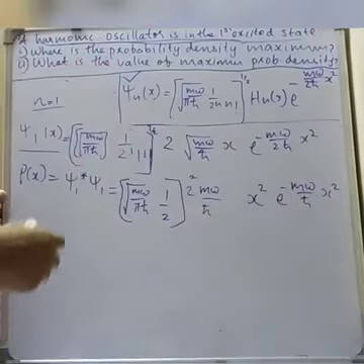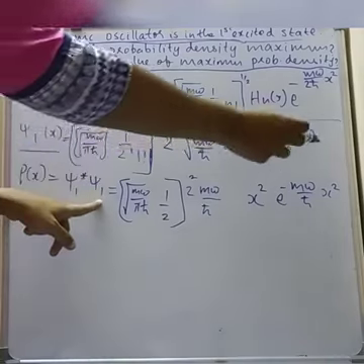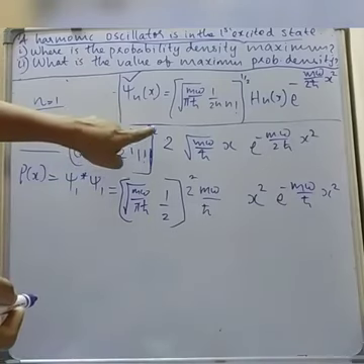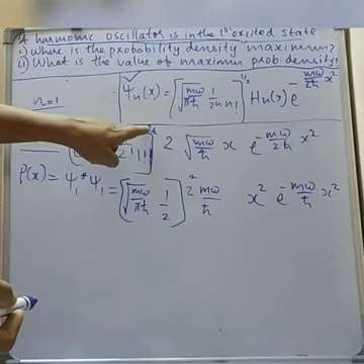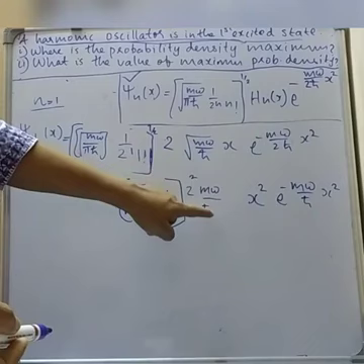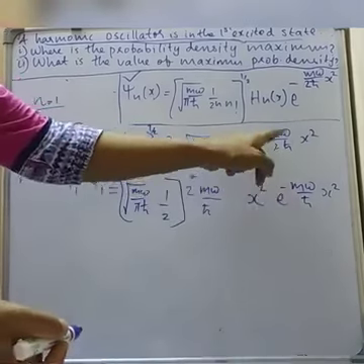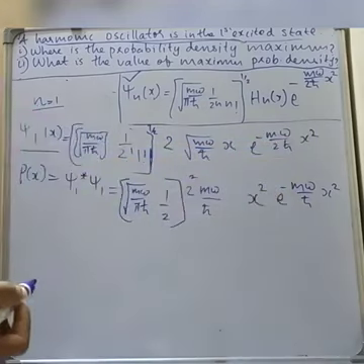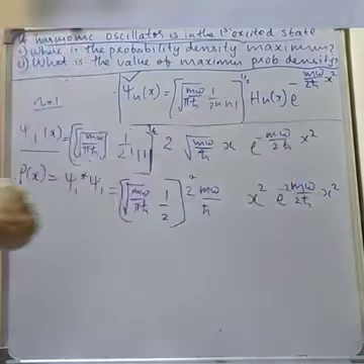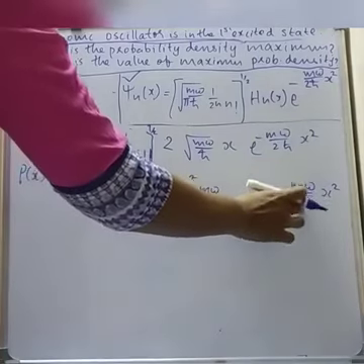I think you understood. We have contributions of psi 1 star and psi 1, which means the same term is getting doubled. I have removed the square root because it is squared, the 2 is squared, the square root of m omega by h cut is squared, x is squared, and this exponent is squared, that means it is 2 times m omega by 2 h cut x square. So I have removed this 2 from here.